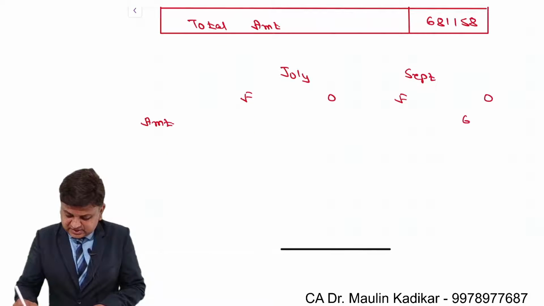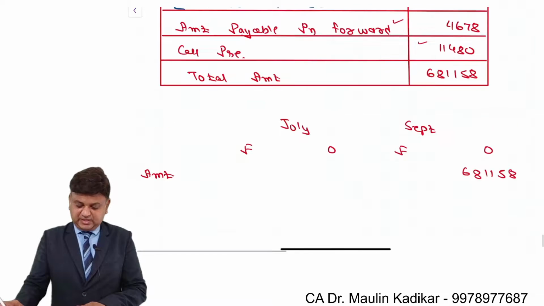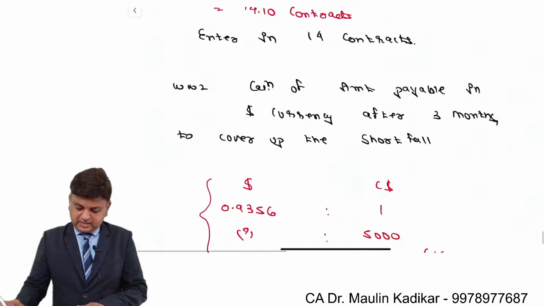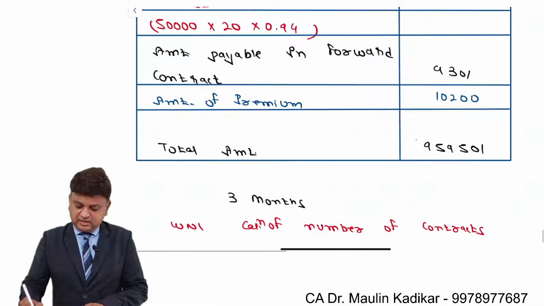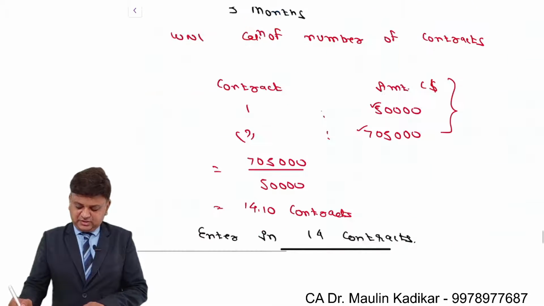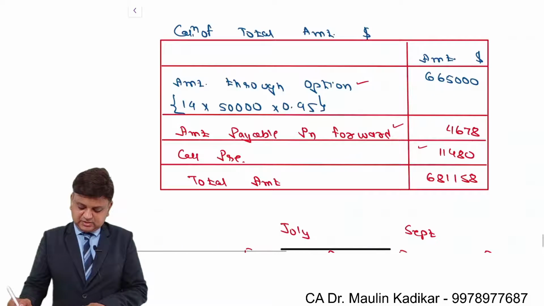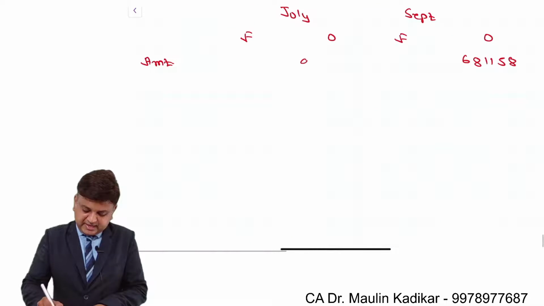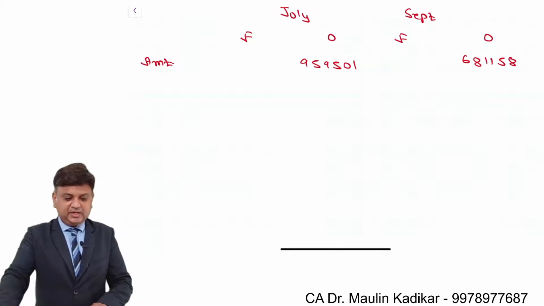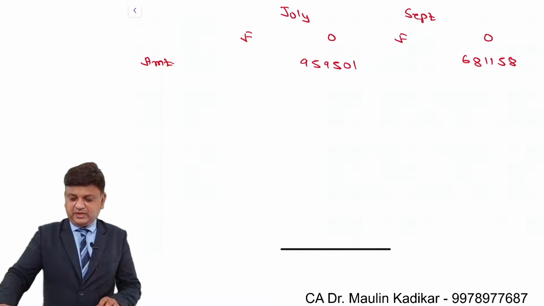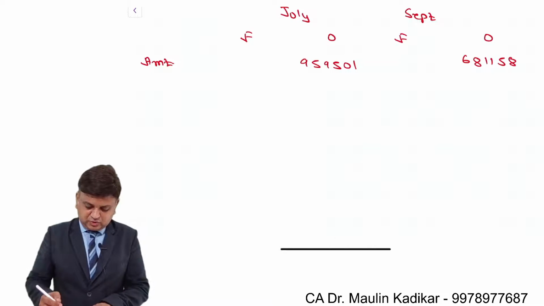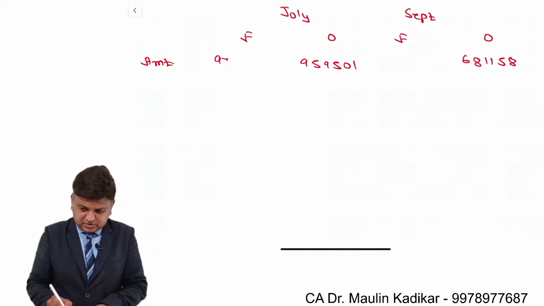So over here, 681158, that is what we understand. Similarly over here, 959501. In case of the 1 month forward, 0.9301 into 10,10,000 comes to 9,76,605.